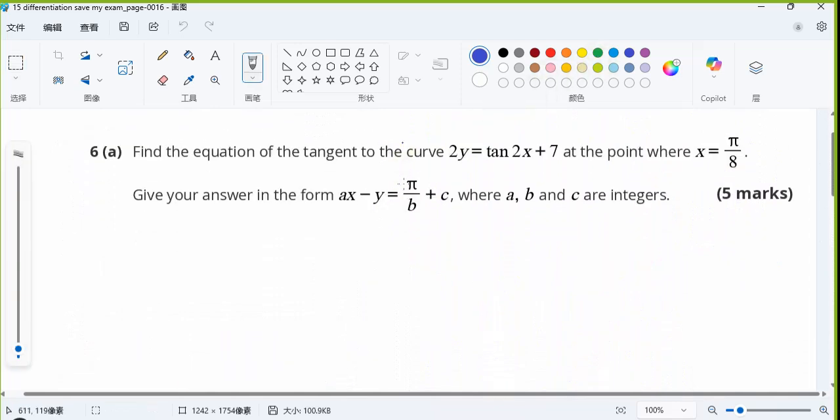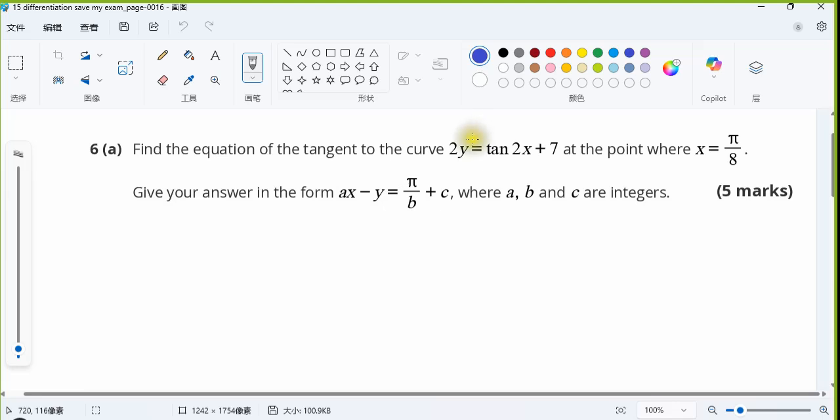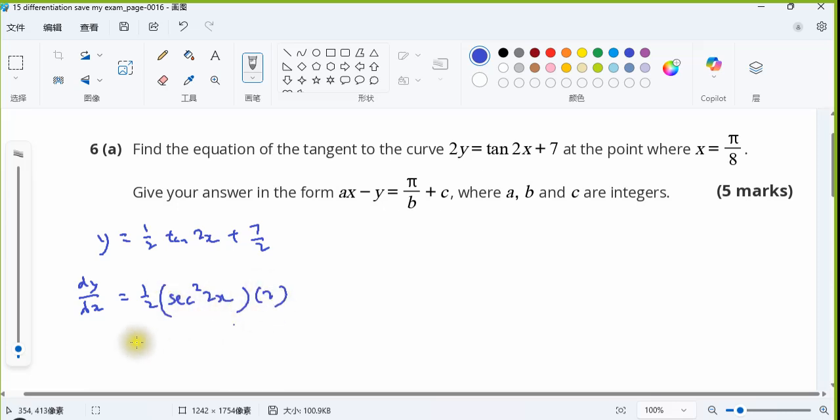Question number 6. Find the equation of the tangent. So we have y equal to half tangent 2x plus 7 over 2. So dy/dx will be half secant squared 2x multiplied with 2. So it will be secant squared, and secant squared is 1 over cos squared of 2x.